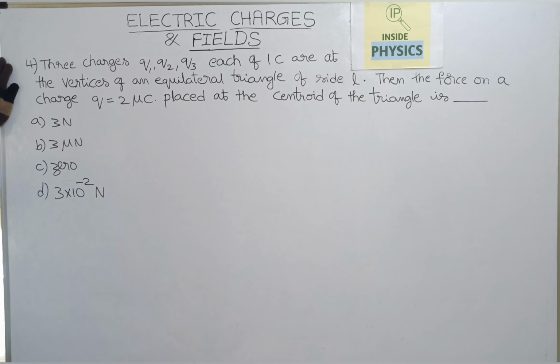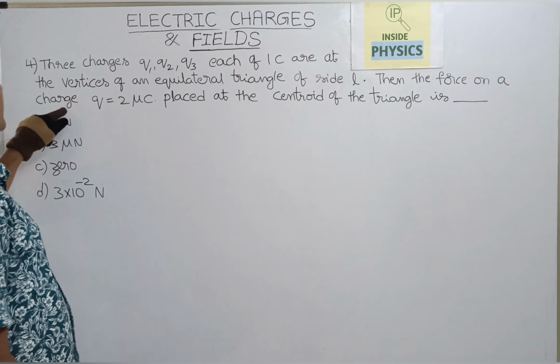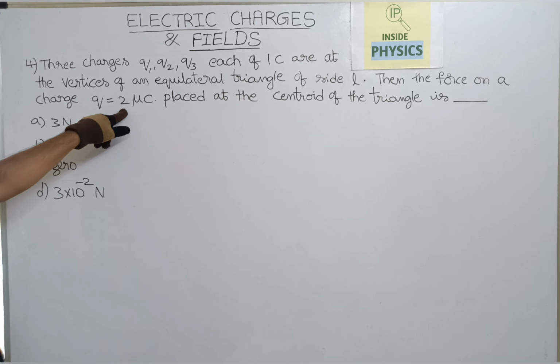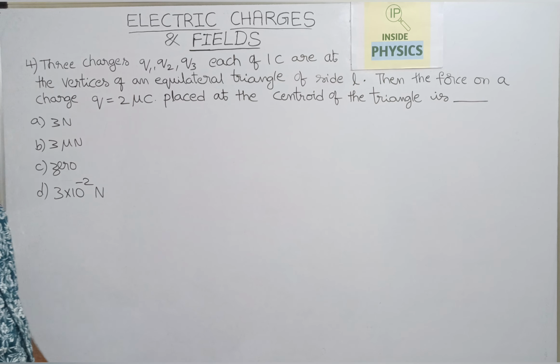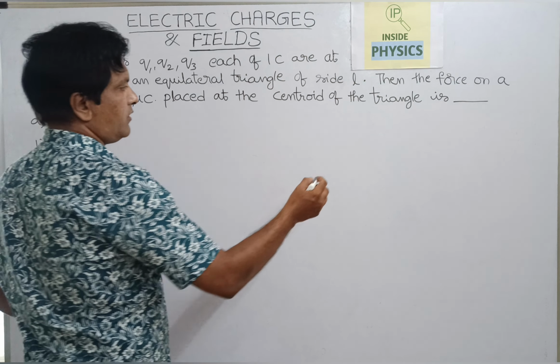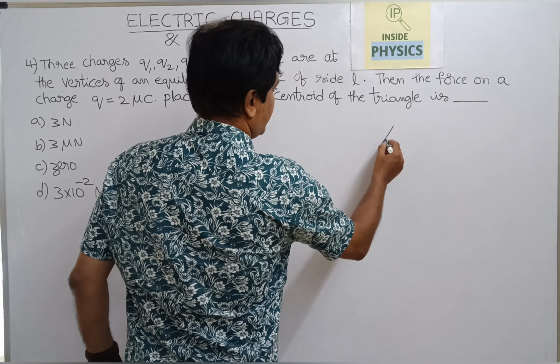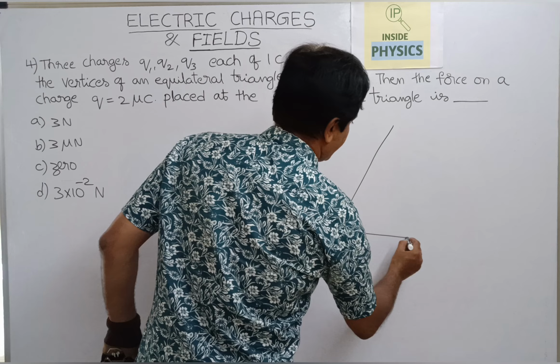Here we see the fourth problem. Three charges q1, q2, q3, each of 1 coulomb, are at the vertices of an equilateral triangle of side L. Then the force on a charge q, which is equal to 2 microcoulombs, placed at the centroid of the triangle is. So here three charges are placed at the equilateral triangle vertices.